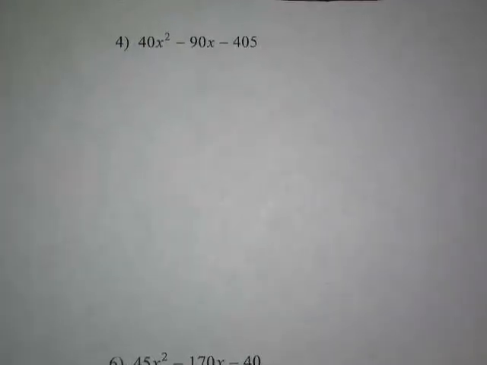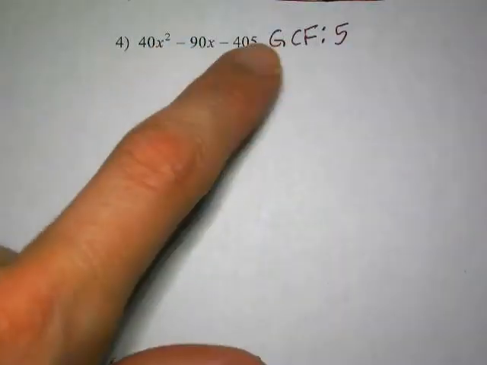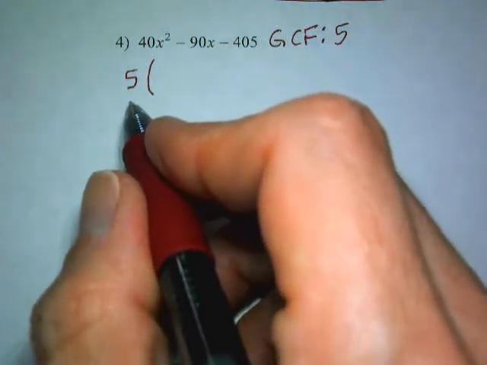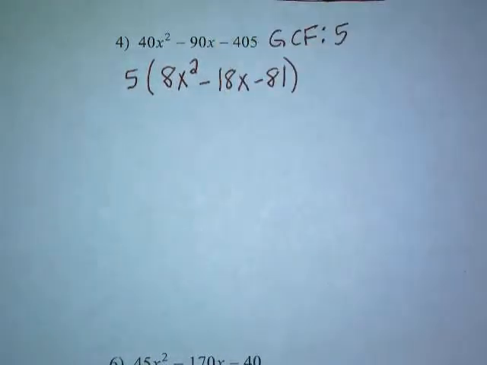Number 4, 40x squared minus 90x minus 405. Our GCF is 5, so divide everything here by 5 piece by piece. Our 5 comes along. We get 5 times 8x squared minus 18x minus 81.